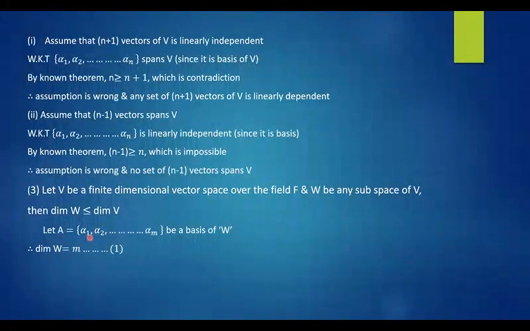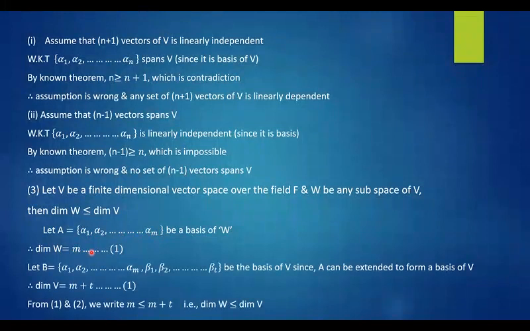Let us take A as the set of m alphas as the basis of the subspace W. Subspace W has a basis which contains alpha 1 to alpha m elements. So the dimension of W is m.